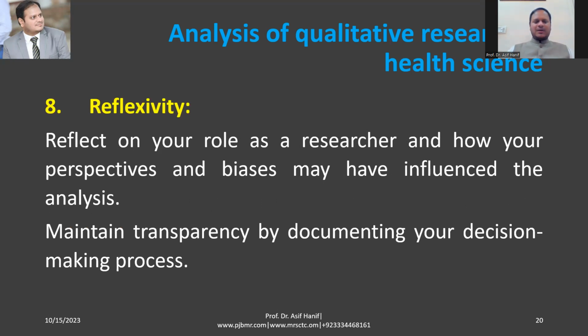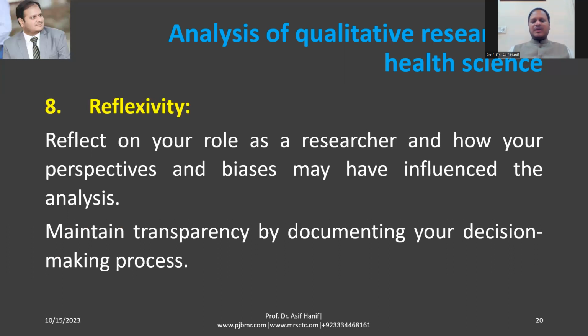Reflexivity is about how biases may have influenced the analysis. Some people may have some grudges with the organization or with the policies. They may tell their inner heat to exploit the situation.